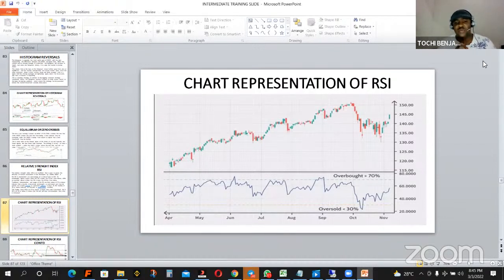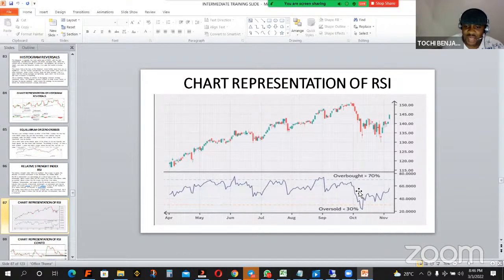Now the question is, what is an oscillator? It is called an oscillator because it has its own window. Look at the screen here. There is a line demarcating price, and this other one that has a line. It is called an oscillator because it has its own window from the chart.